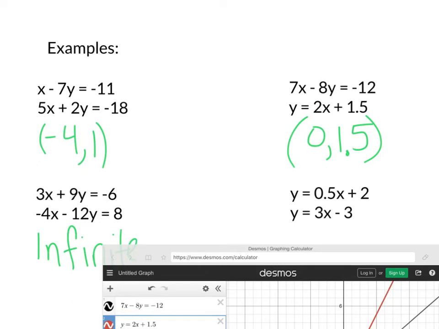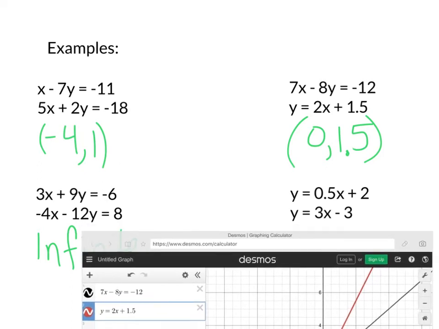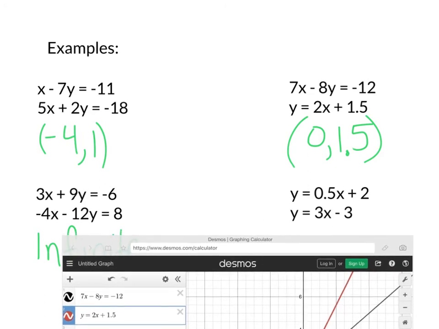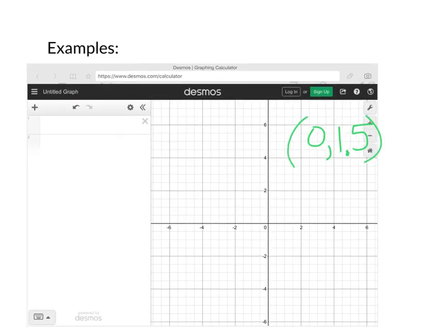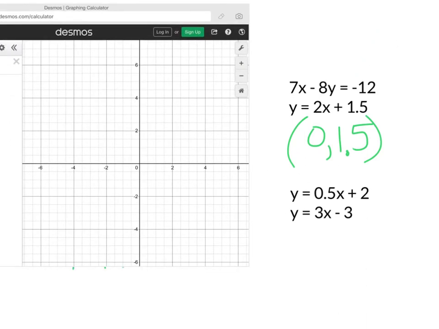This one they're both in that y equals mx plus b form. So it doesn't really matter the order that your systems are written in. Desmos will graph any of them. As long as you've got two equations, you should be able to find a solution to that system using Desmos. So take a minute and solve that one, and then we'll see if you are correct.